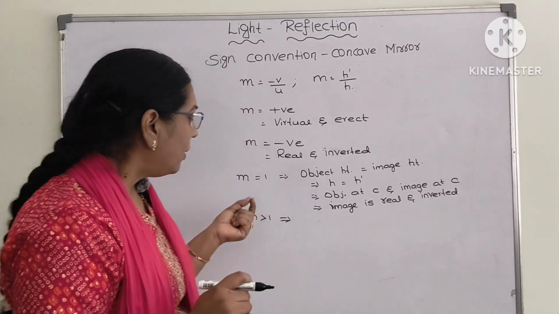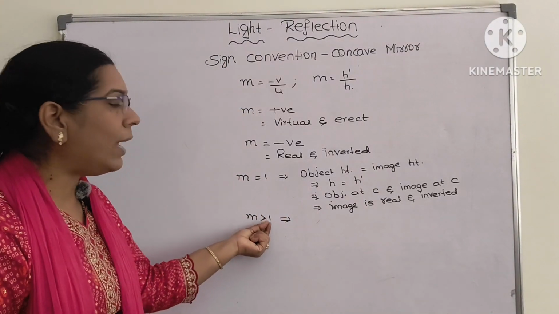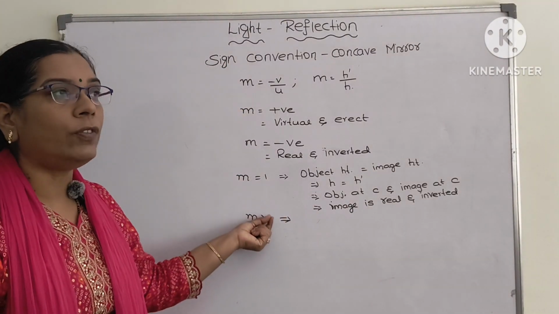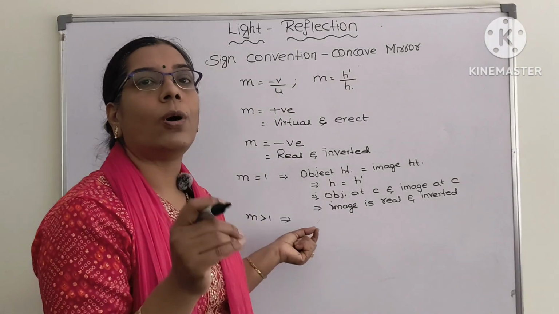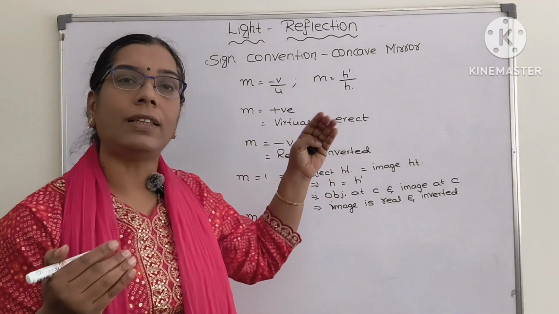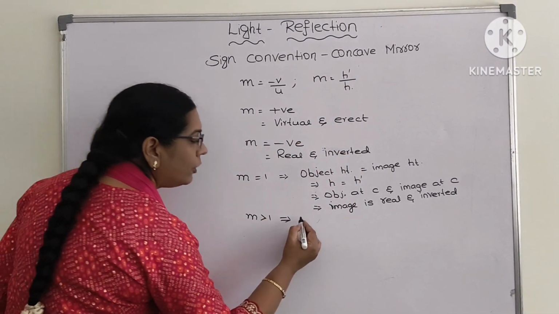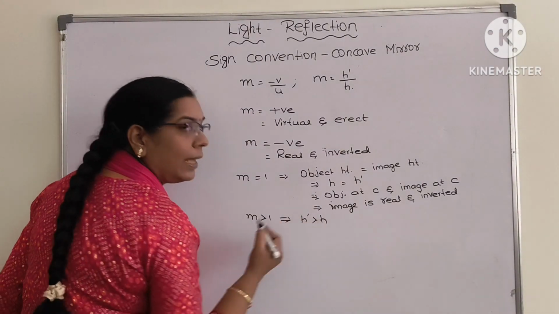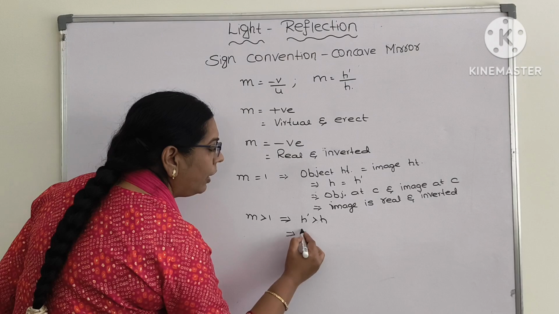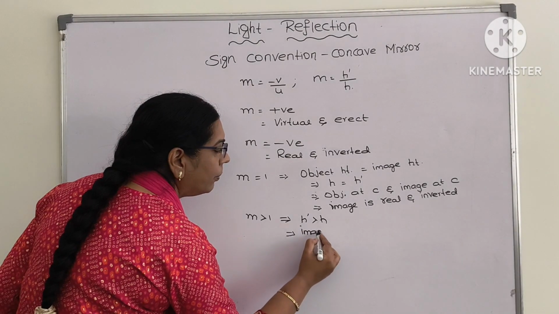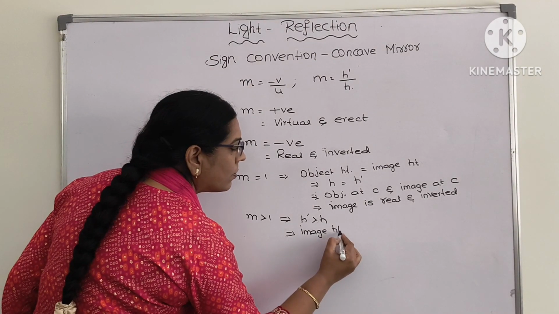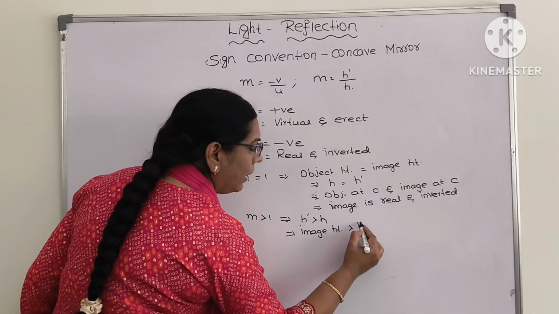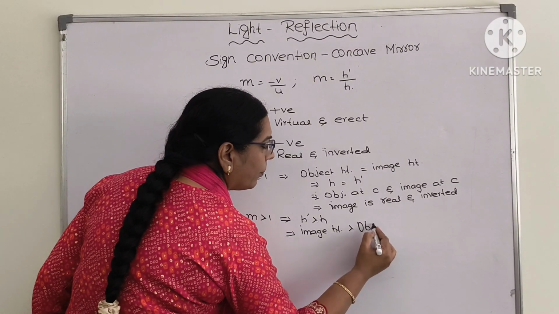So, if the m value is greater than 1, the image formed has a greater height than the object height, which means h prime is greater than h. Image height is greater than object height.